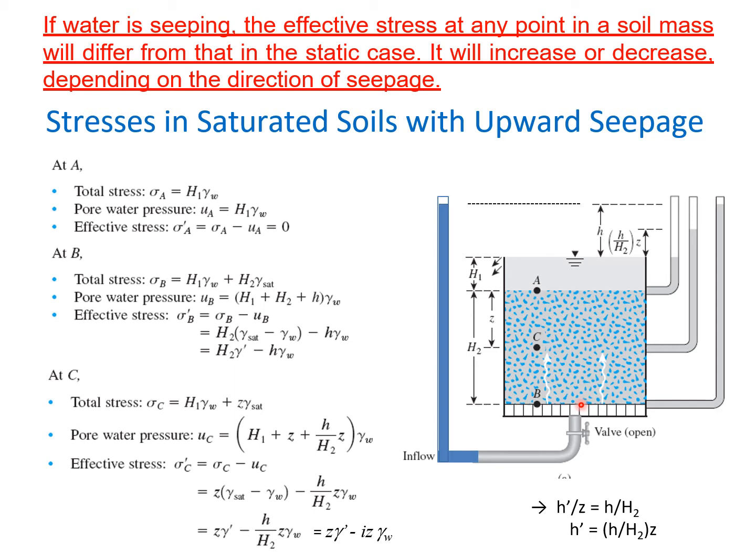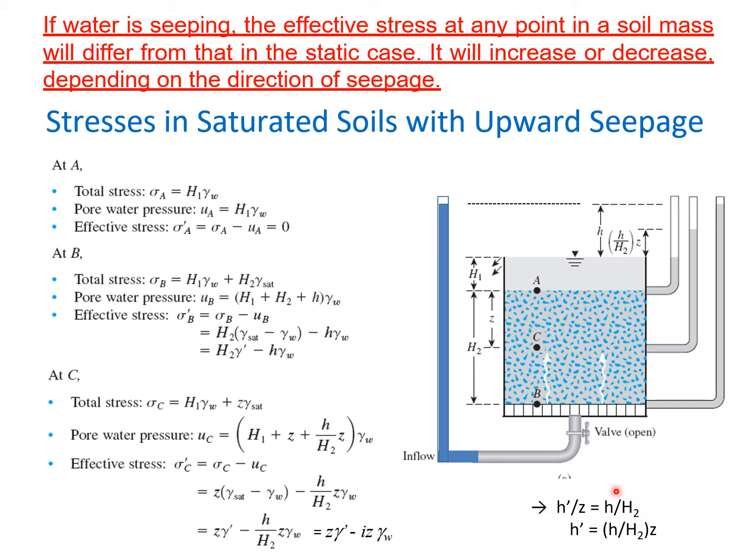So the things which you can see over here, H2 is the thickness of the total soil, H1 is the thickness of water which is present above that soil, and you can see one important thing, h over H2.